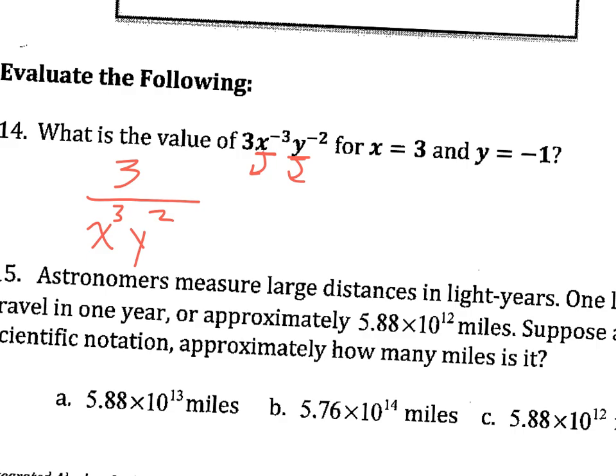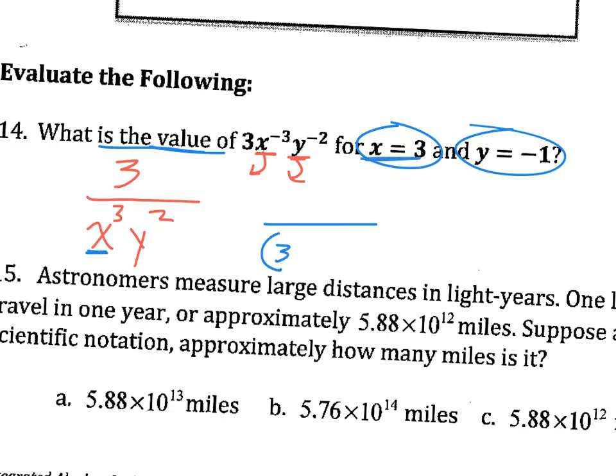Now I think it's a lot easier to find the value by plugging in these two values. So instead of x, I'm going to write 3. I'm going to use parentheses here. And instead of y, I'm going to write -1 in parentheses, very important, and I still have my 3 on top. So from there, I just got to think about, what is 3 to the third? 27.